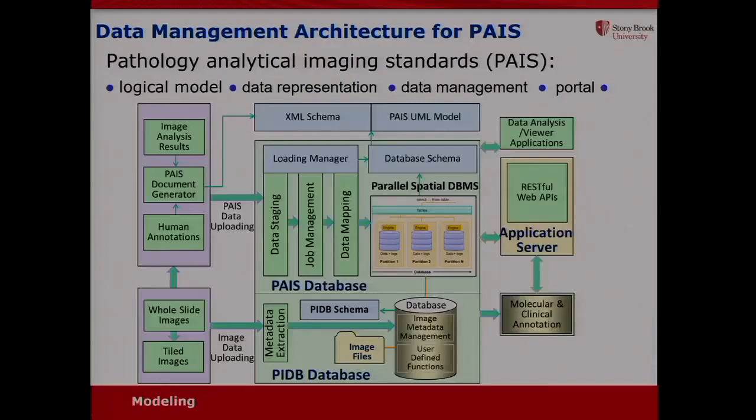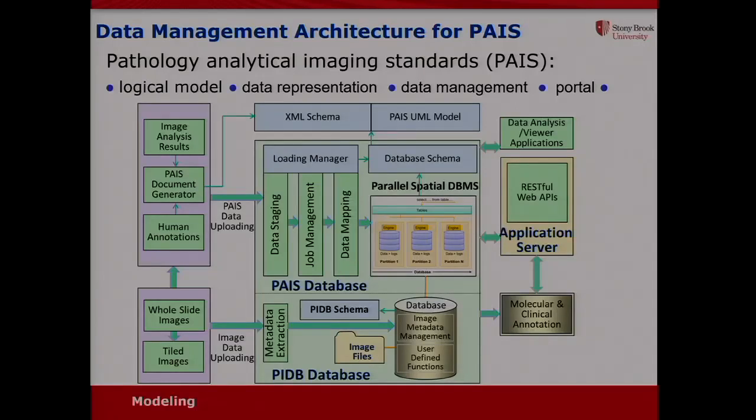We developed a parallel database approach at the very beginning. This is suitable for small-scale data. For example, if you have a small data set of tens or hundreds of images, the data generated will be around 1 terabyte. That's very suitable for a parallel database-based approach.